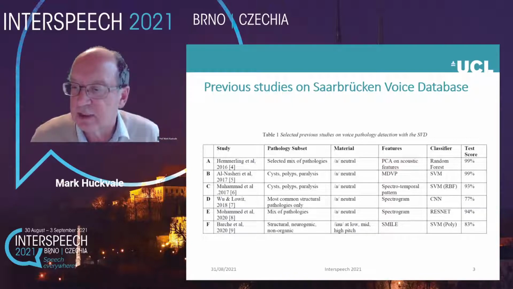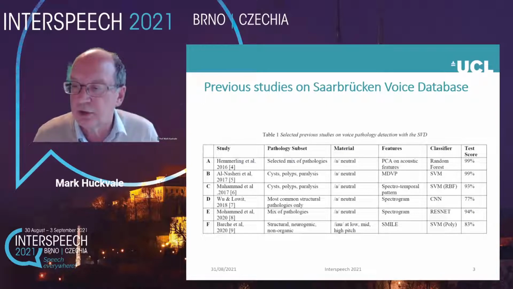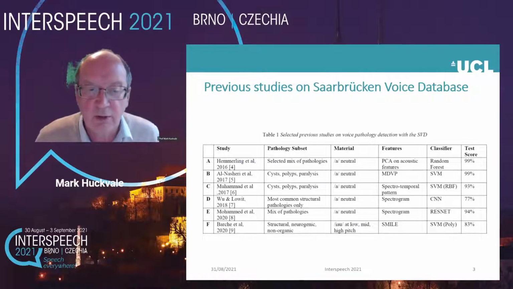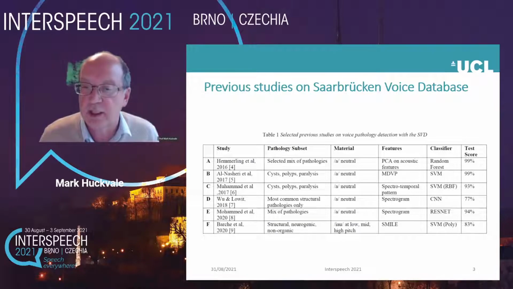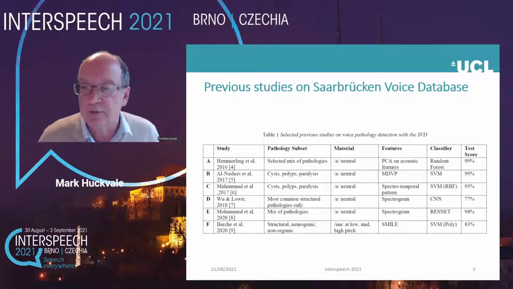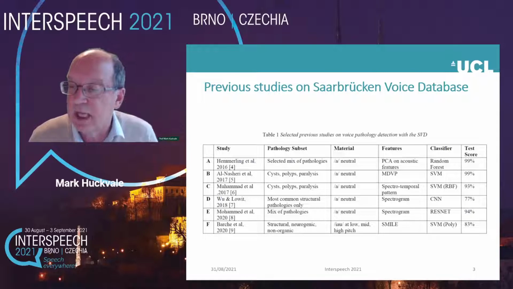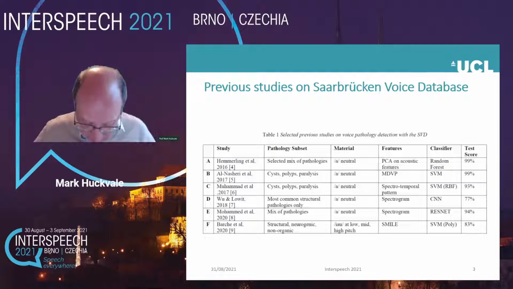One is looking at simply an isolated vowel R and is using a convolutional neural network and a spectrogram and is claiming 94% accuracy, whereas the final row F is using a whole load of different vowels, E, R, and U, on different pitches and rising and falling in pitch, which you would think would give you more information about the presence of a voice disorder, and yet it's only able to claim a much lower accuracy of, say, 83%.